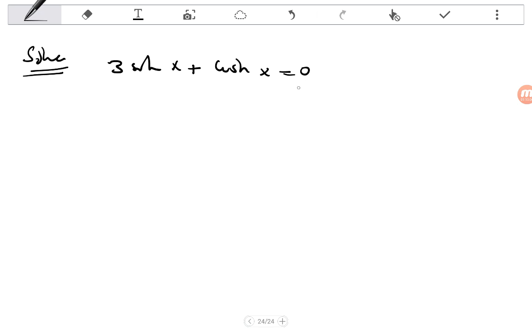Now, if I could make the equation in terms of only one hyperbolic function, all sinh or all cosh, it is better. But if I couldn't, as in the case I have here, I will just use the definition. So I will write it like this: 3 times e power x minus e power minus x over 2, plus e power x plus e power minus x over 2, equal to 0.